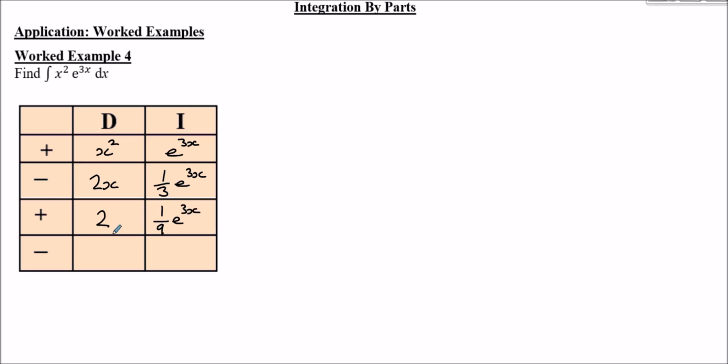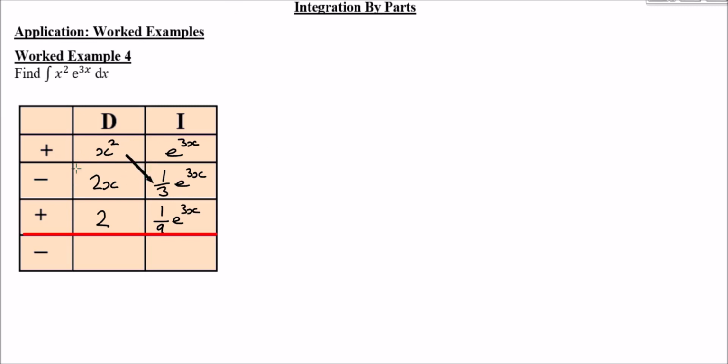Is that our final row? Well, can we integrate 2/9, some constant of e to the kx? Yes, we can. So that's our final row now. So I can underline this one. So therefore, we need to take two diagonal products. We're going to go x squared multiplied by 1/3 e to the 3x.